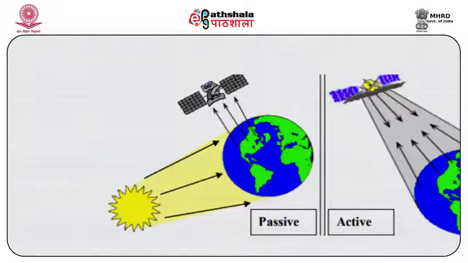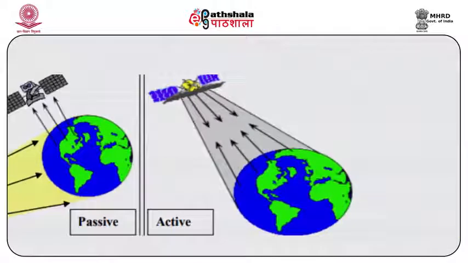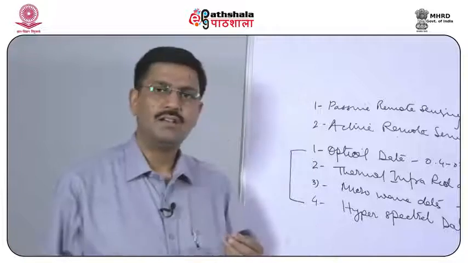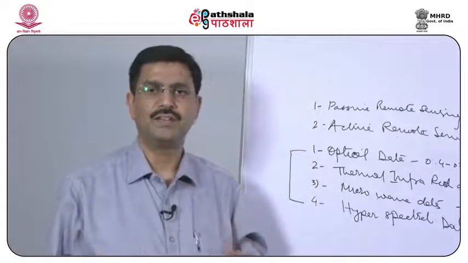The right side of the figure is active remote sensing, where the rays from the satellite sensor come onto the ground and go back. So figure 1 is general about the different sensing techniques. Now, let us talk about some of the applications.